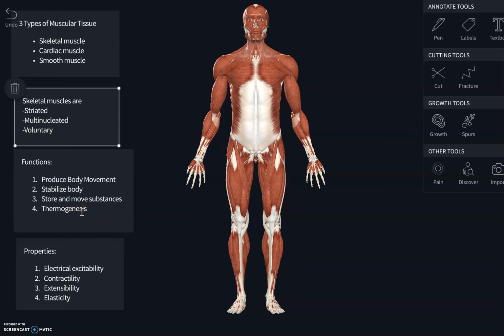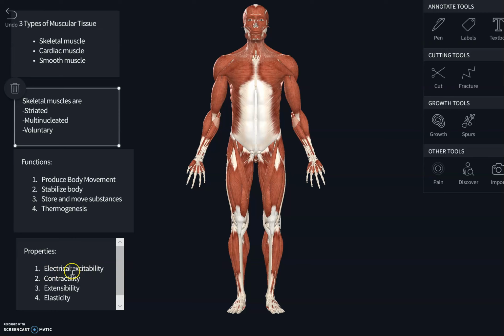Now, some other important properties of the muscle are electrical excitability. So electrical excitability is a property that is shared by both skeletal muscles and all other muscles, cardiac muscles, smooth muscles, along with the nerve cells, right? Because the nerves carry a stimulus or electrical signal, and those electrical signals are known as action potential.